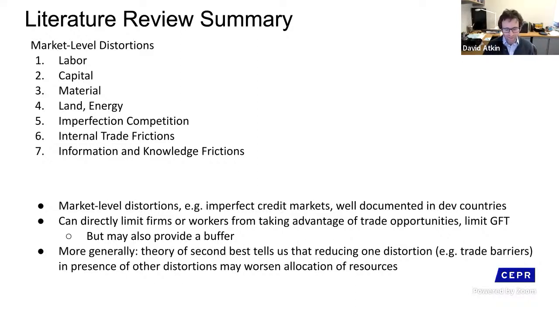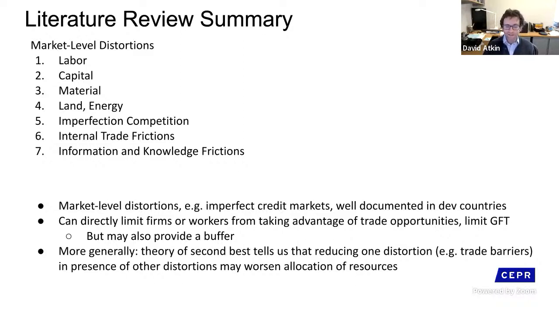So as everyone here is probably aware, there's been a lot of evidence in the development literature for pervasive market level distortions in credit markets, in labor markets, in input markets, etc., in the developing world. Most directly, why does this matter for trade? Well, it can limit the ability of firms or workers to take advantage of the many opportunities that trade provides. For example, if you need a bunch of capital to start exporting, you can only do that if it's possible to borrow, and so that's going to limit the gains from trade that a country can obtain.